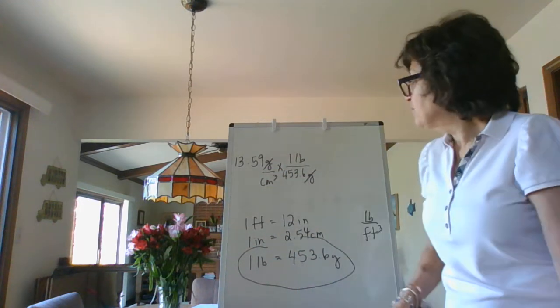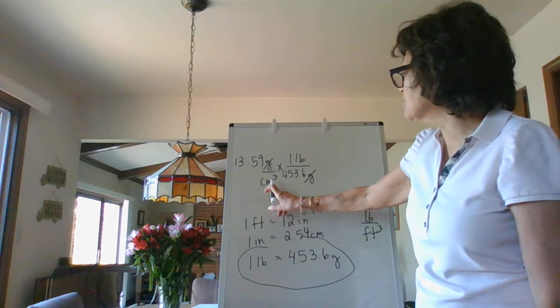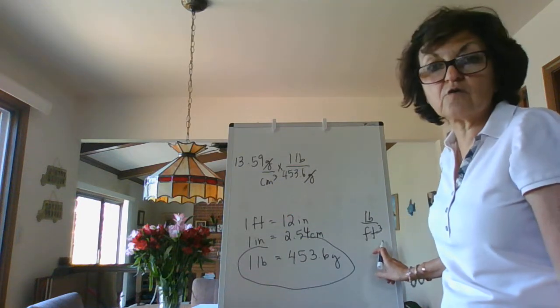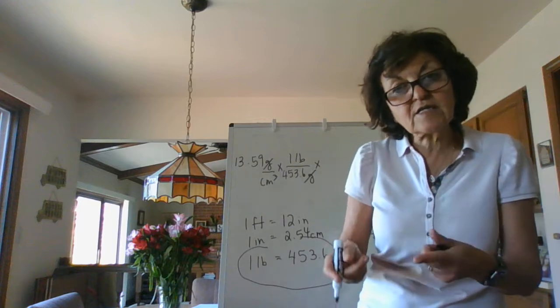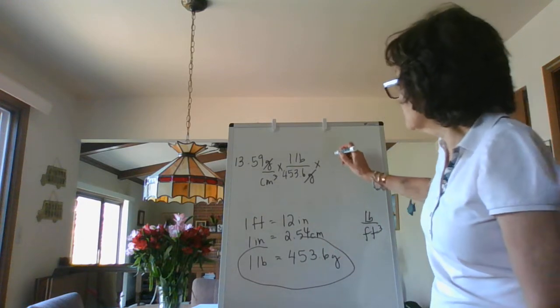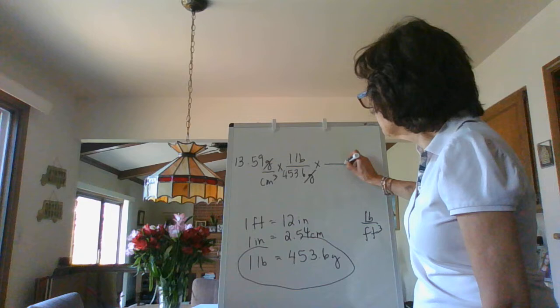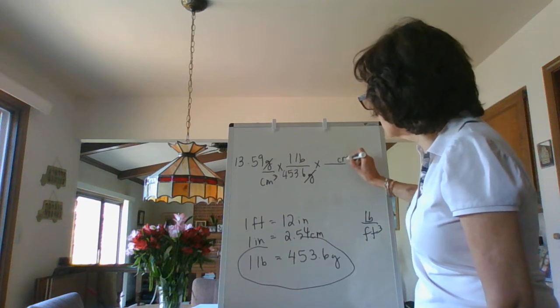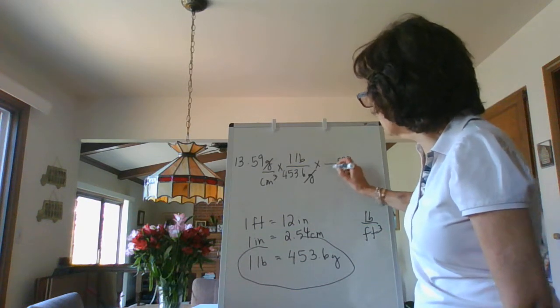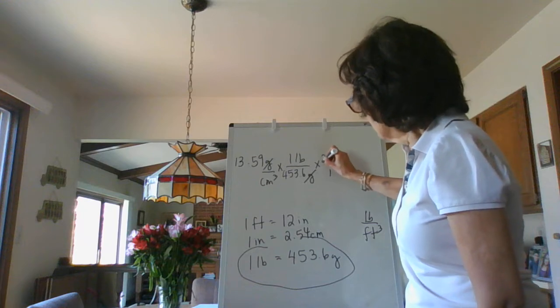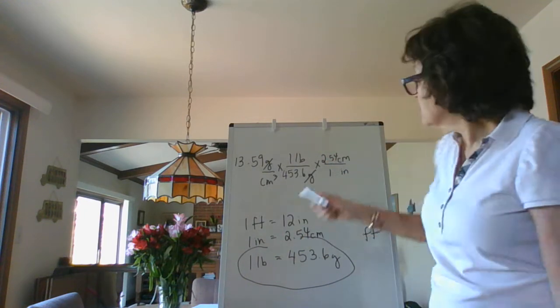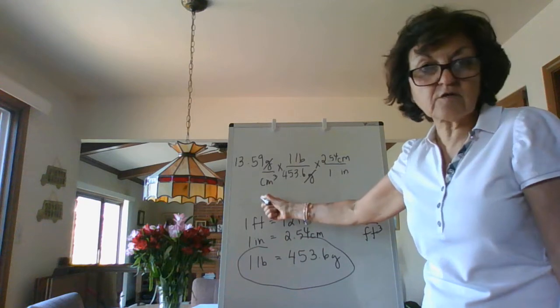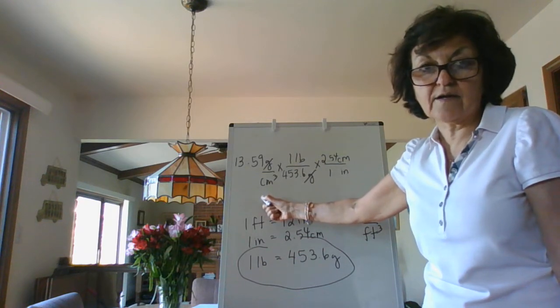Good. Now I want to somehow convert centimeters cubed to feet cubed. Let's first go from centimeters to inches. If I put centimeters here and inches here, I know that 1 inch is 2.54 centimeters. But centimeters will not cancel with centimeters cubed, right?